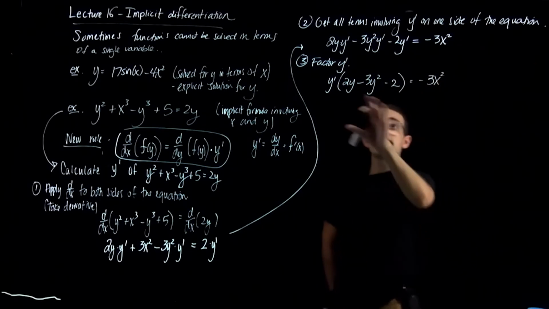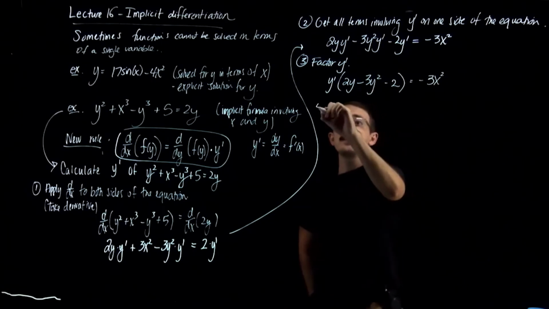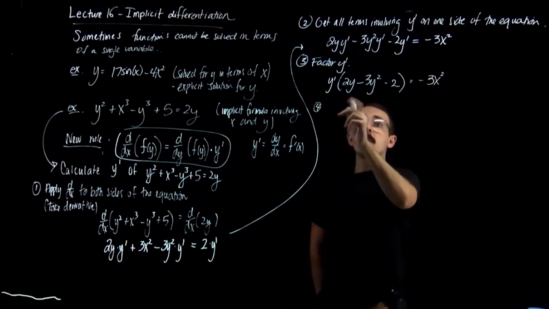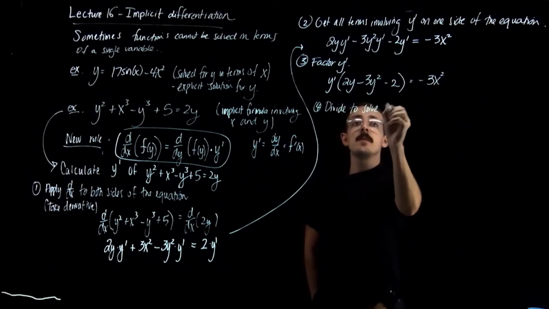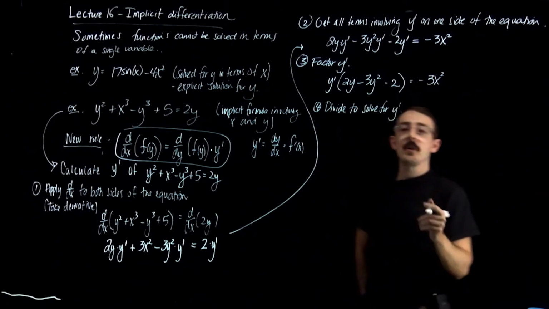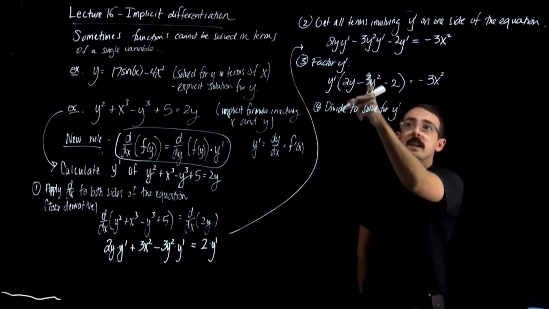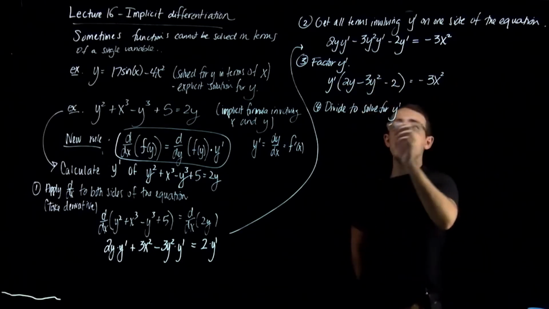And then as long as I make sure this doesn't equal 0, so just got to be careful of that, we're going to divide to solve for y prime. So y prime times this, I can divide this whole factor to the right side to solve.